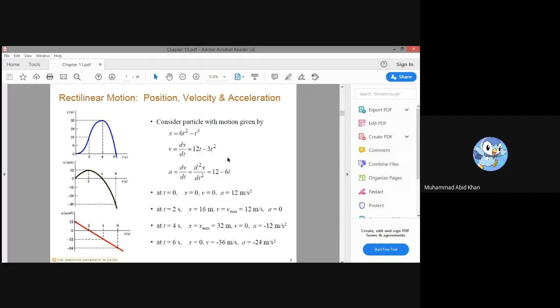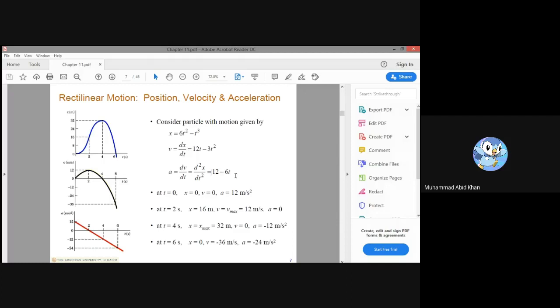The equation is given, and the second time he said please find the acceleration. We have the previous velocity, and we take the derivative again, and we get the acceleration. If the time is given in the question, we put in the time value and directly get the value, multiply, divide, whatever. That is the remaining calculation.